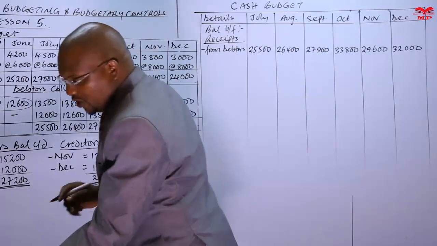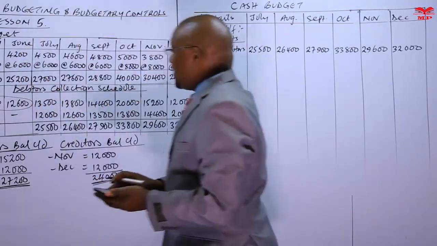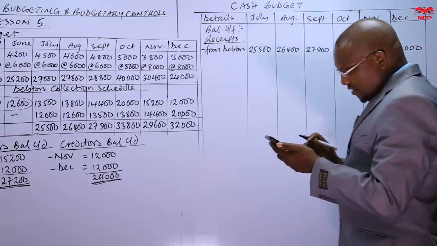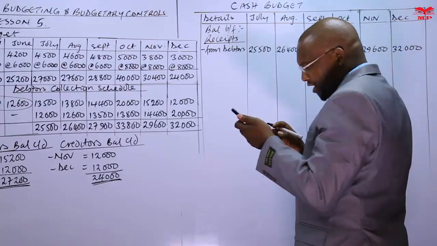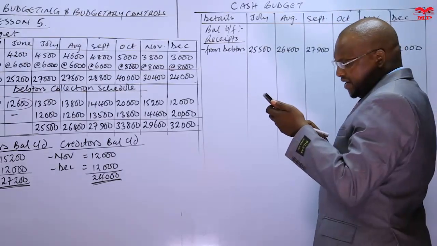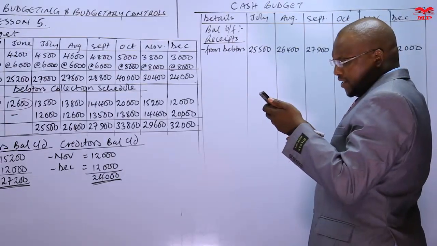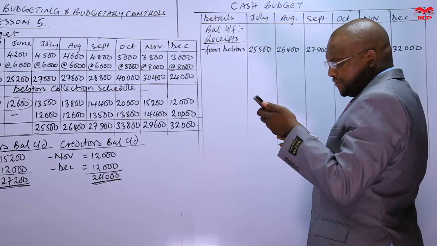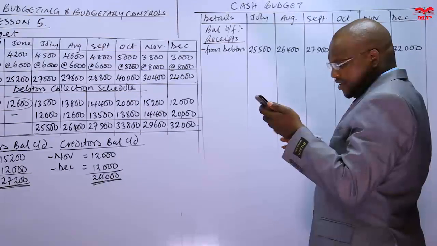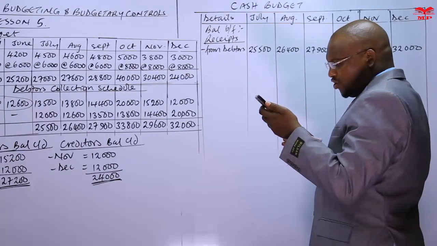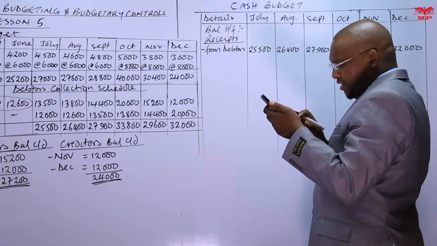Then looking at whether we have any other receipts, we may be issuing some shares. Information number 1, 2 and 3 we are through. Then we have information number 4, 5, 6, 7, all of which are payments. Number 8 is depreciation. Number 9, shares worth 20 million were issued through the stock exchange during the month of September.